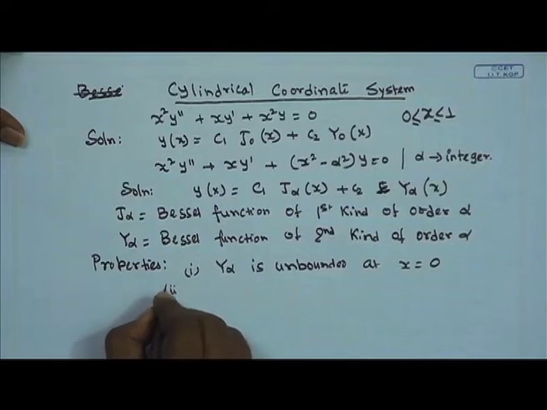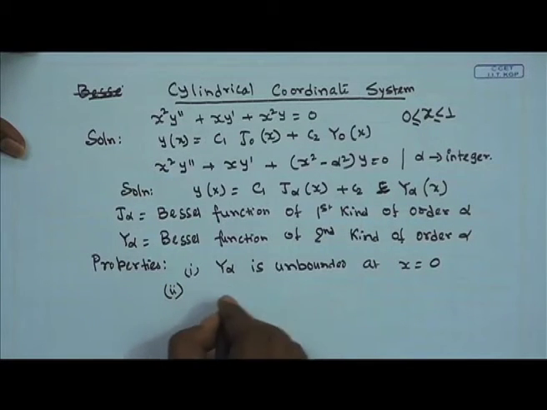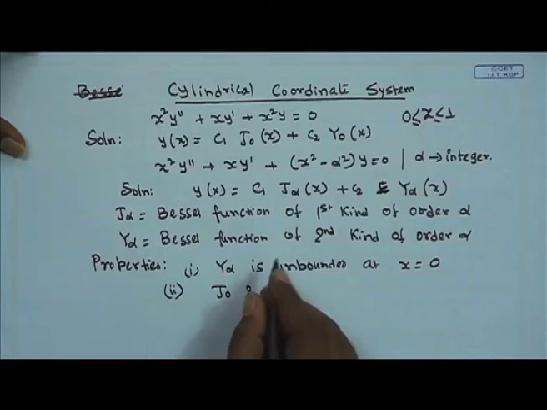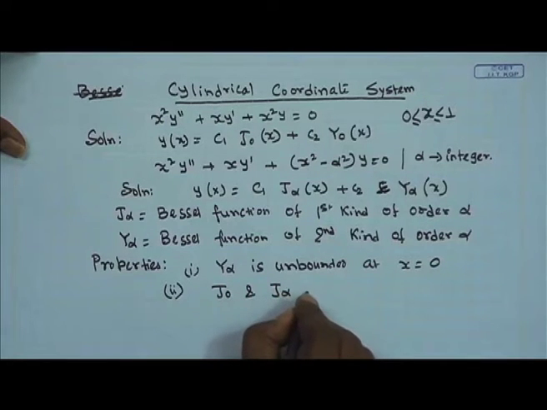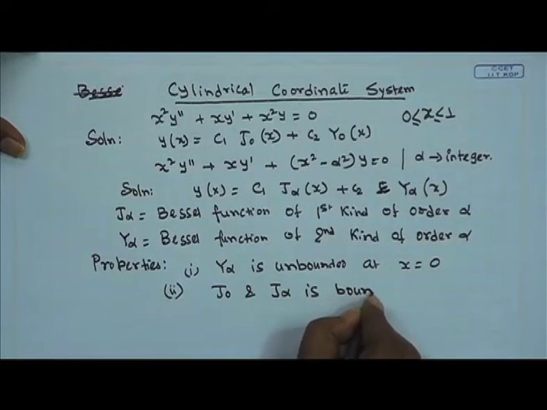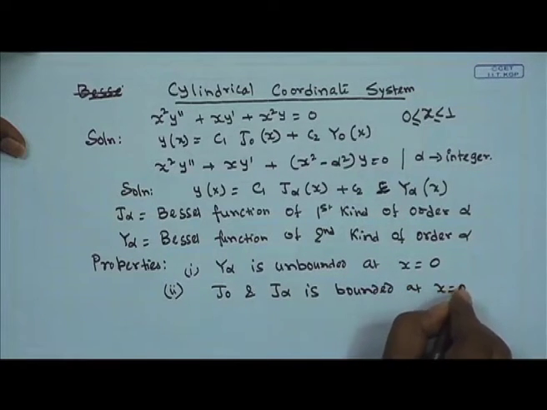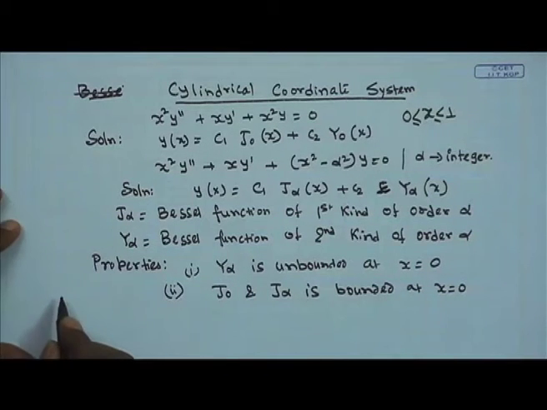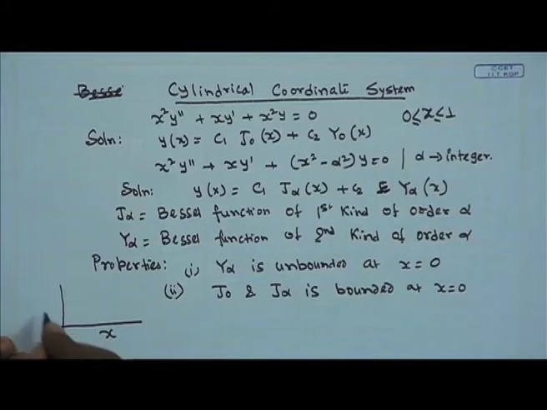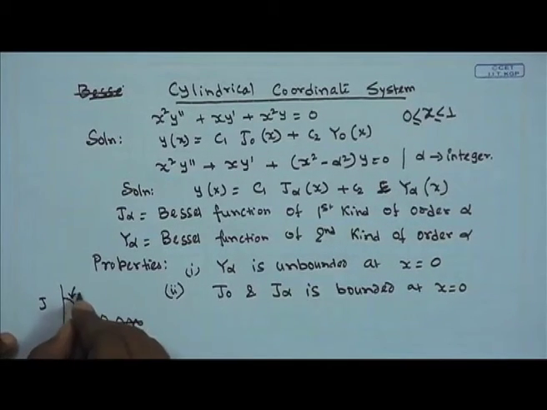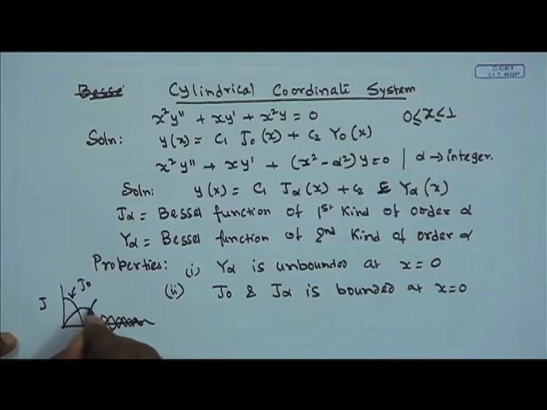Second important property of Bessel function is that J0 and in general J alpha is bounded, that they will be having a finite value at x equal to 0. That means if you plot J0 or J alpha as a function of x, this will be the plot of J0 and this will be the plot of J1.